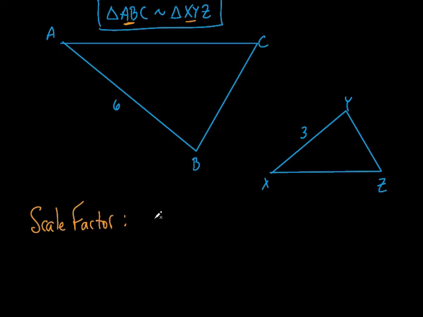So my scale factor is just doing a ratio between those two sides that correspond to each other. So let's compare the big triangle to the small triangle. So what would my scale factor be? It'd be 6 to what? To 3. But we always reduce it, so what would this reduce to? 2 to 1, exactly. All right? Watch what we're going to do here.